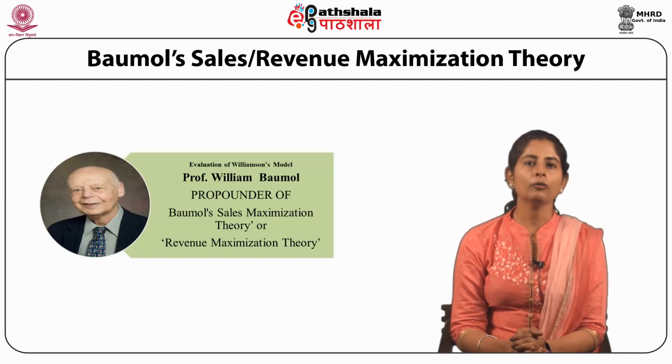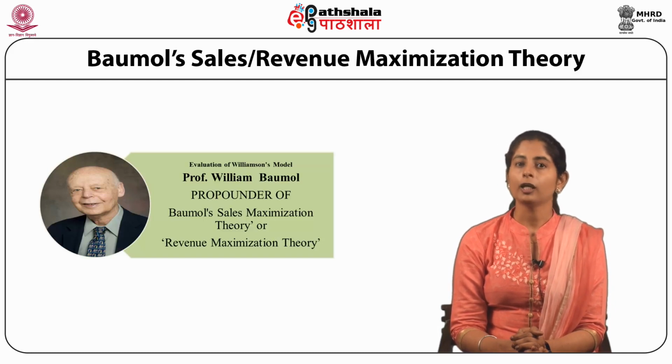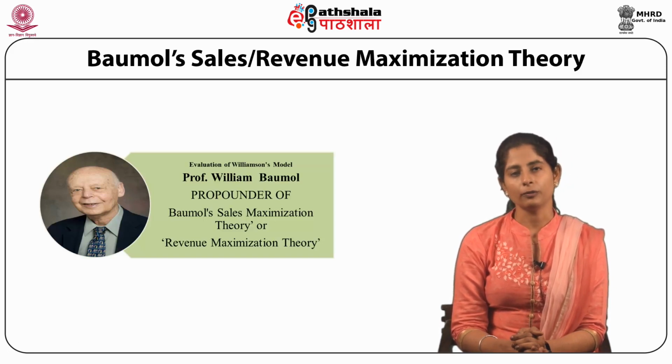Sales or revenue maximization rather than profit maximization is the actual goal of firms. Revenue maximization may be a goal for the short run with profit maximization as the goal in the long run. But sales maximization is the long run as well as short run goal of the firms.